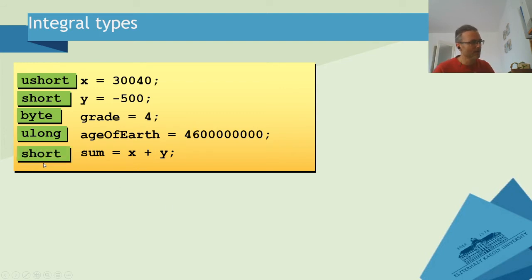We could also use ushort, of course, but again, these are variables, so it might happen that you change their values, and you could change the value of y to a smaller negative number as well. And if you add a ushort and a short, the result can be a negative number as well. Therefore, I would pick short as well.